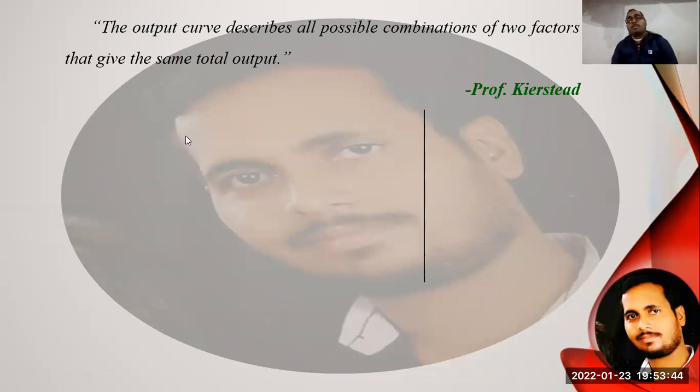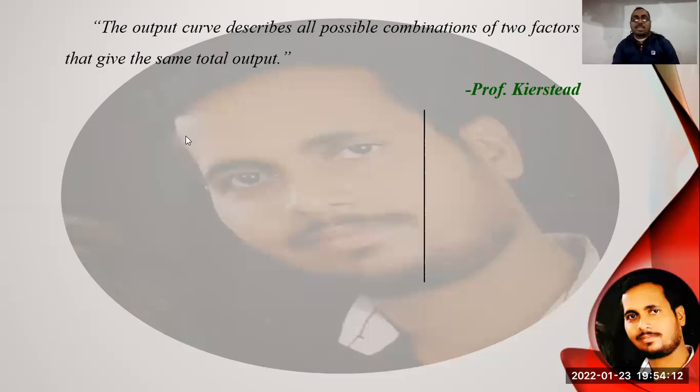Students, in this definition, Professor Ken Starr explains the possibilities while using two factors, one capital and the other labor. While using these two factors of production in various proportions, the entrepreneur is able to get equal production.